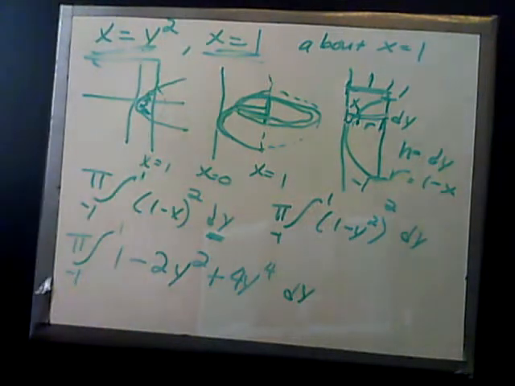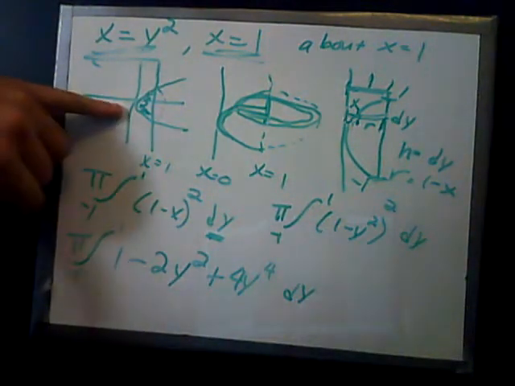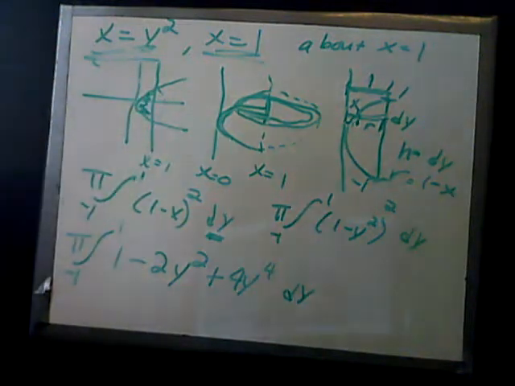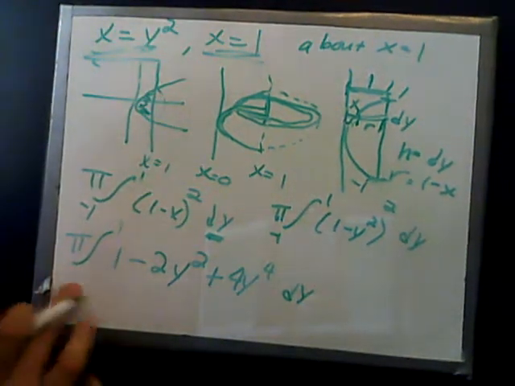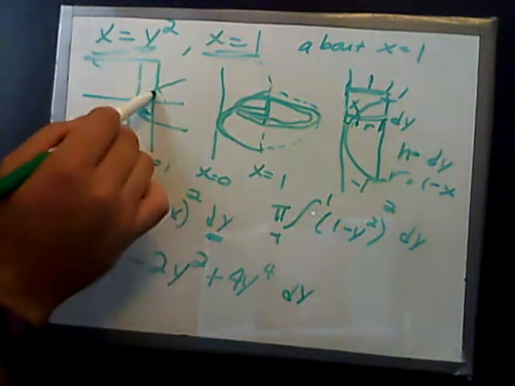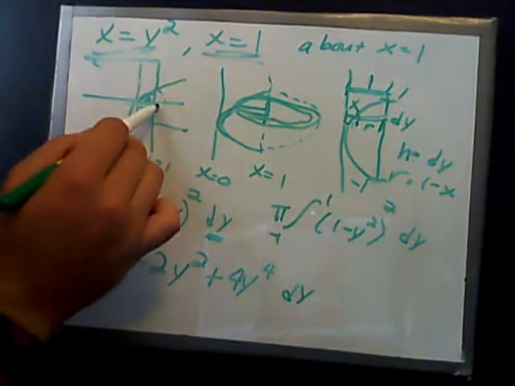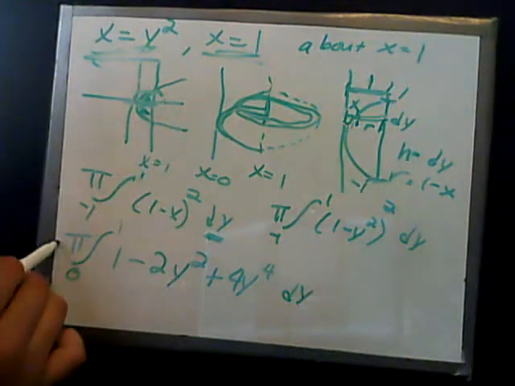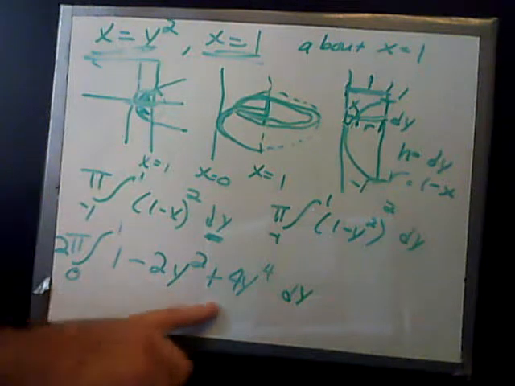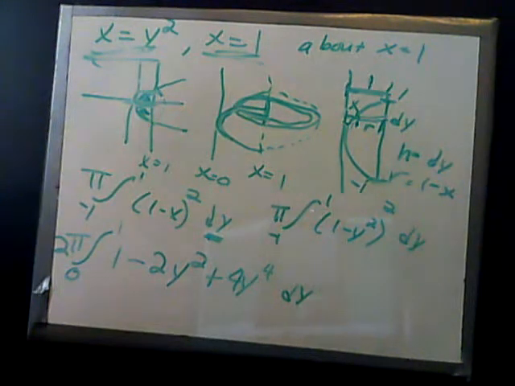Alright, and if we notice back up here, this shape is actually symmetrical from -1 to 1. So instead of integrating from -1 all the way to 1, we can just integrate from 0 to 1 and then double it. So it'll become 2 pi times the integral from 0 to 1 of this expression.